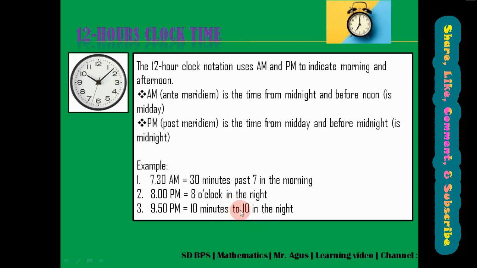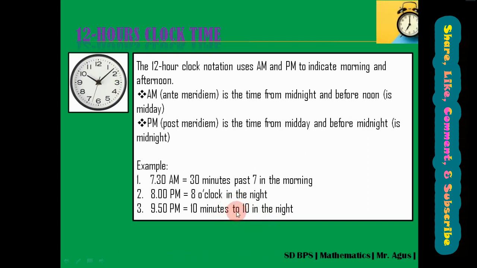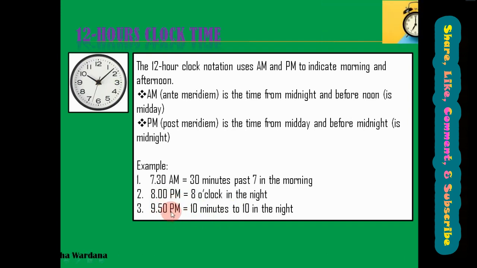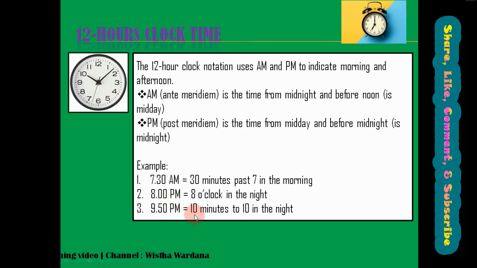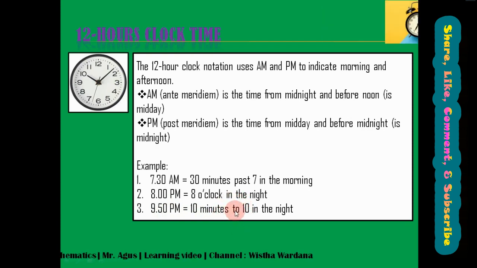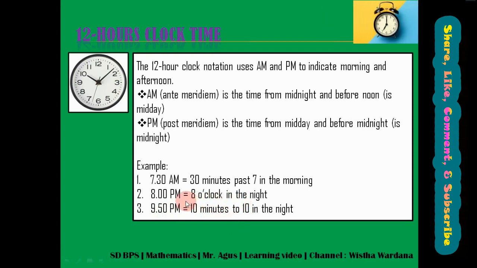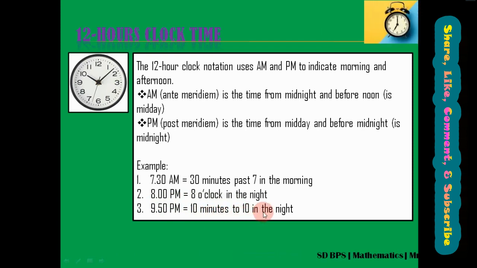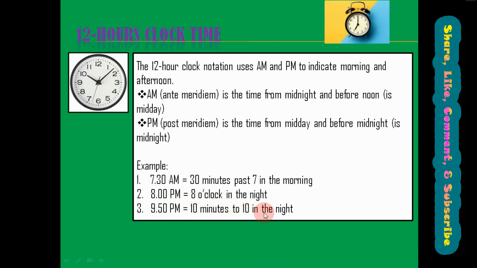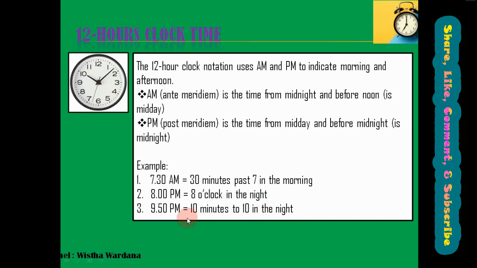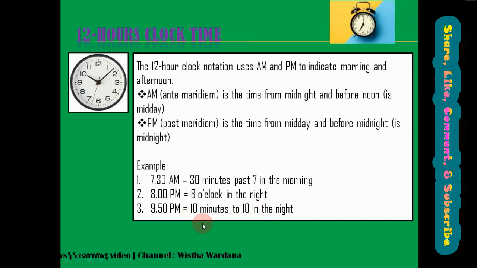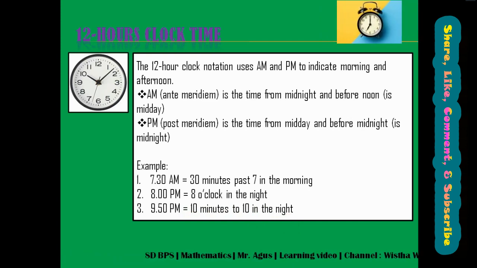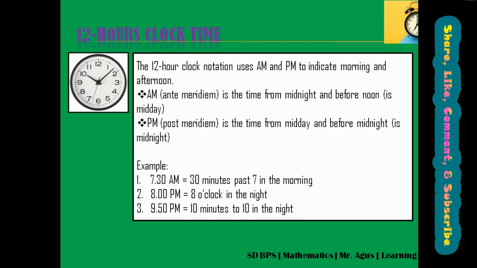So we use "to" here, not "past", because if the minute is greater than 30 minutes, you can change the "past" to "to". So you can say 10 minutes to 10 in the night. This is the right answer. But if you feel that's so difficult, you can say 50 minutes past 9 in the night.